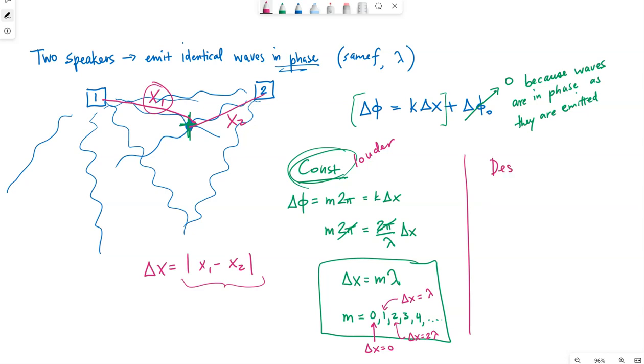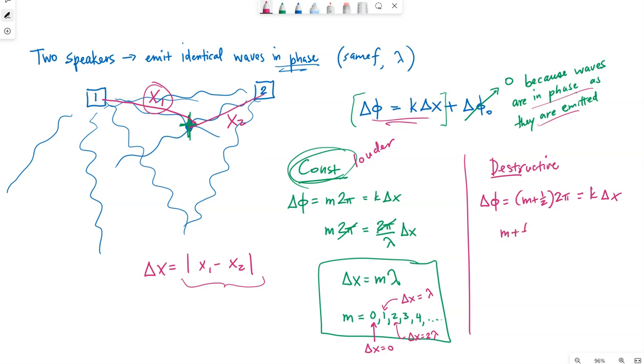Destructive interference is when these waves meet out of phase, where we have that m plus 1/2 times 2 pi. Either way, delta phi is going to equal k delta x. We're assuming these waves are emitted in phase with each other.